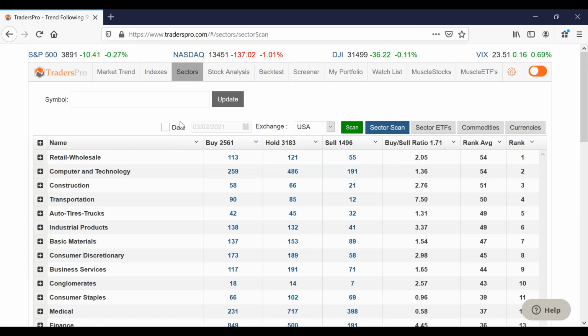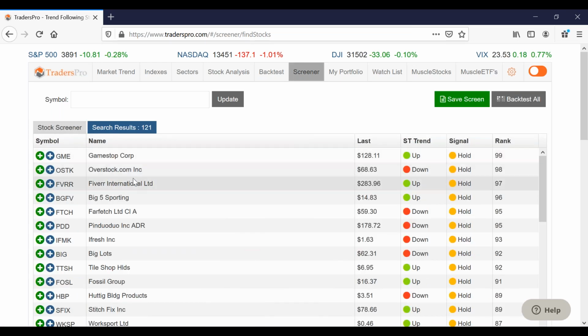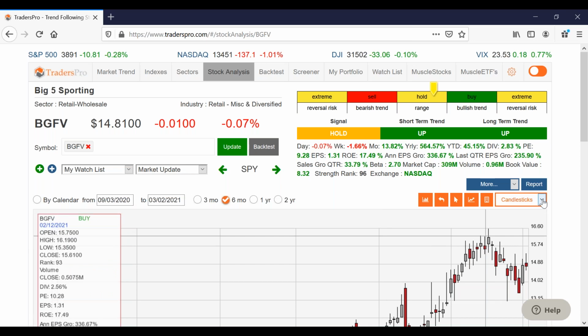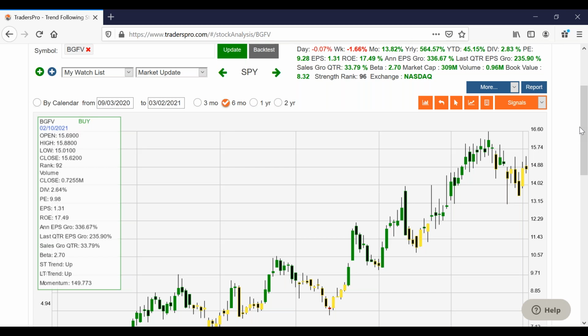Now, I wouldn't be getting into a ton today, but a lot of these would need confirmation anyway, so I think you're okay. I still like Overstock. We've gone over that one a few times. I like Big Five. It's a 96 strength rank. Let's switch the signals back on here. I like this little pullback right into here. It still looks like a little concern with the trend line.